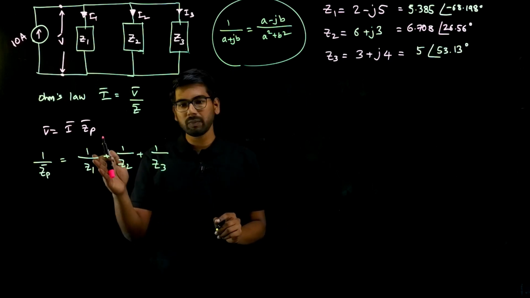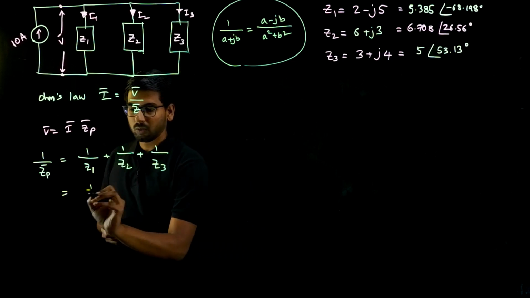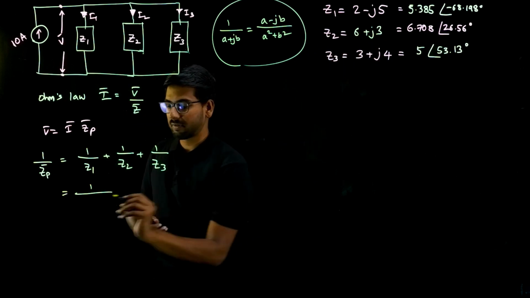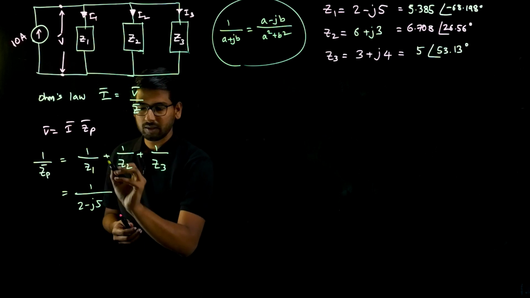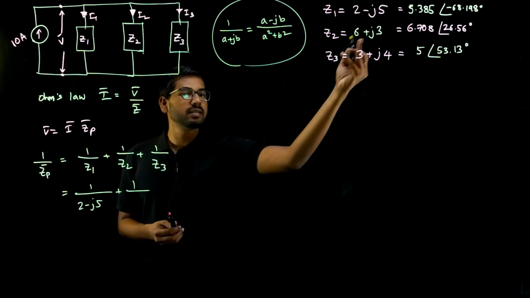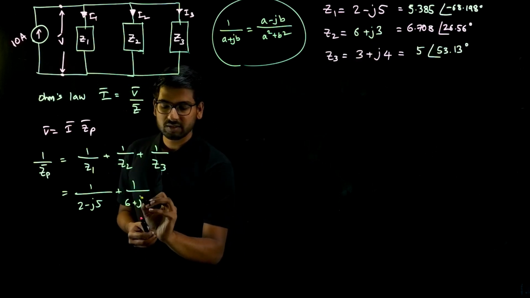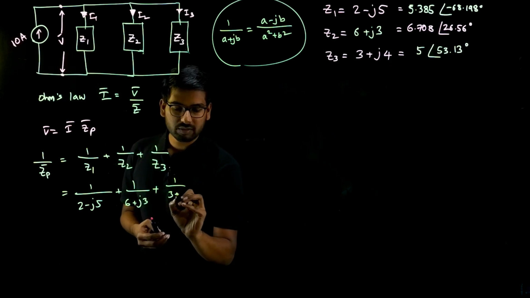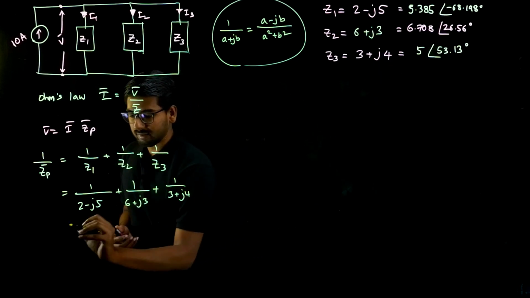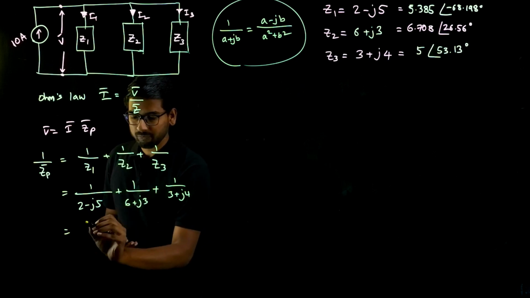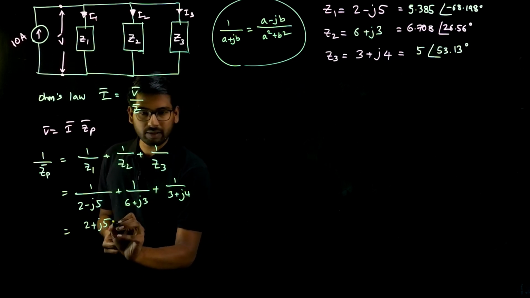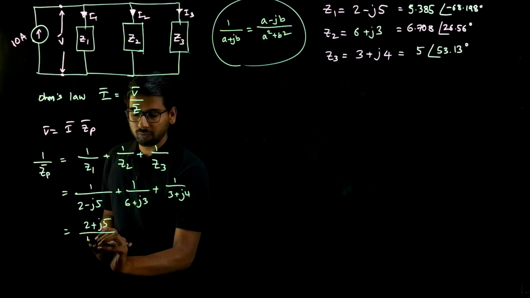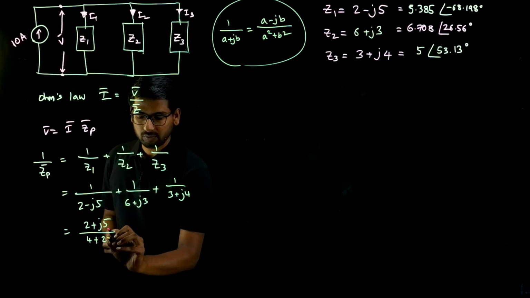So 1 by Z1 is 1 by 2 minus j5, plus 1 by Z2, where Z2 is 6 plus j3, plus 1 by Z3, where Z3 is 3 plus j4. I can write 2 minus j5 as 2 plus j5 divided by 2 square, which is 4, plus 5 square, which is 25.